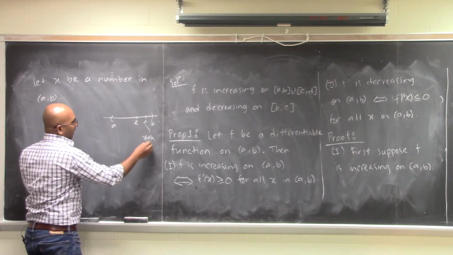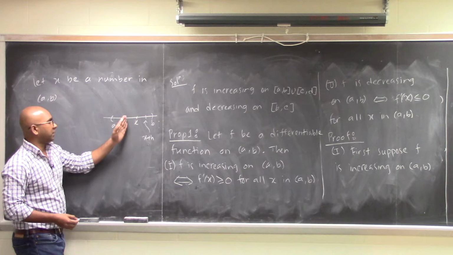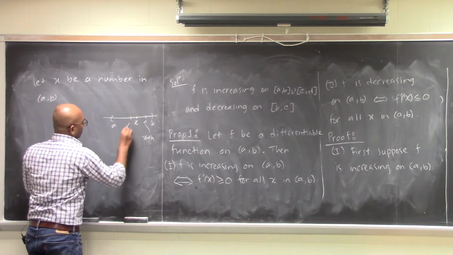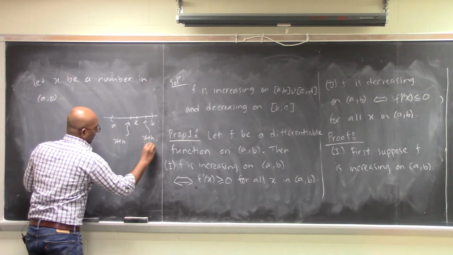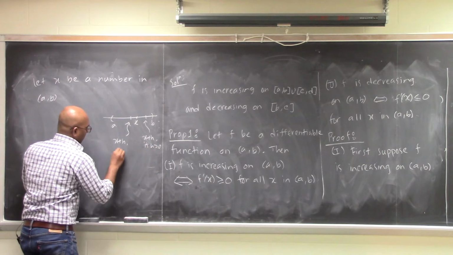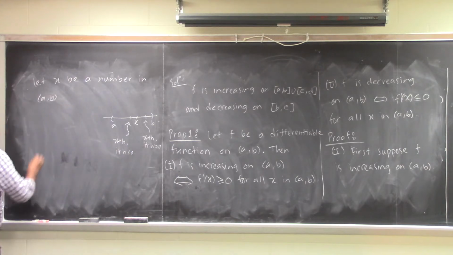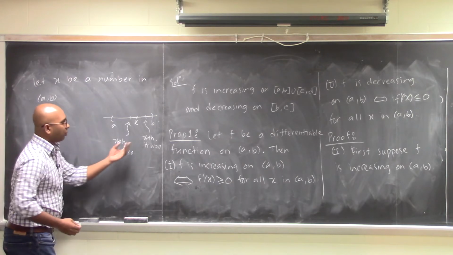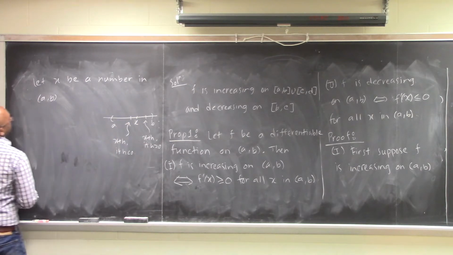Okay, if h is positive. Also, if h is negative, then x plus h will be on the other side. This is x plus h. So if h is positive, and this is if h is negative, right? Okay, so I'm going to just write this fact that we want our x plus h to be inside this interval a to b, okay?